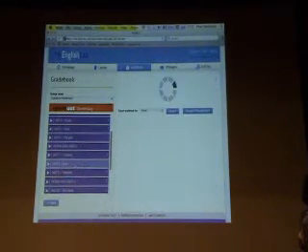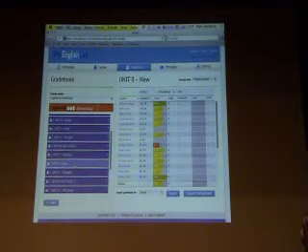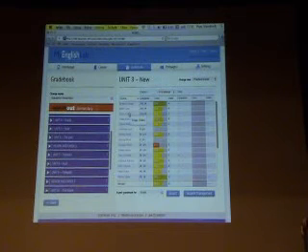So, Unit 8. These are your students here, Roger and Gino, and some more invented names. And this is what they have done so far.